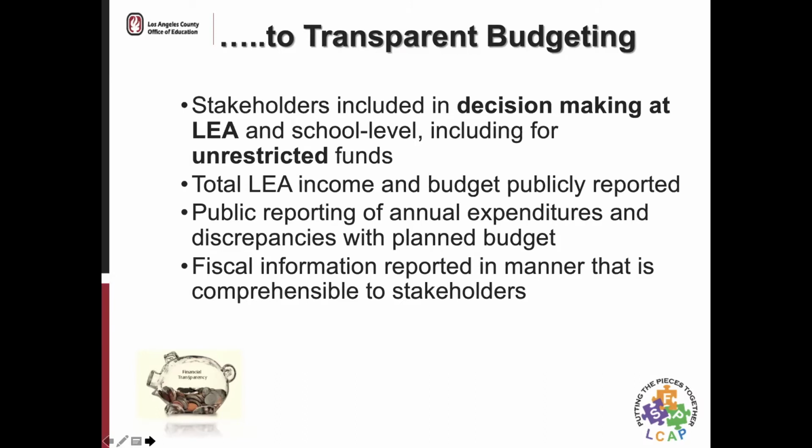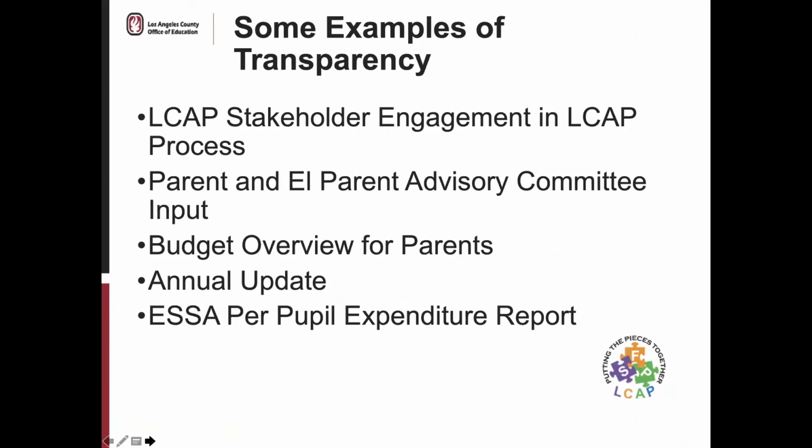Some examples on the next slide of transparency include the LCAP stakeholder engagement process involving people. That involves looking at budget, parent and EL advisory committee input into the LCAP, and then the budget overview for parents, as I mentioned, which is really looking at budget, expenditures, budgeting, and how those two align and making that comprehensible for parents.